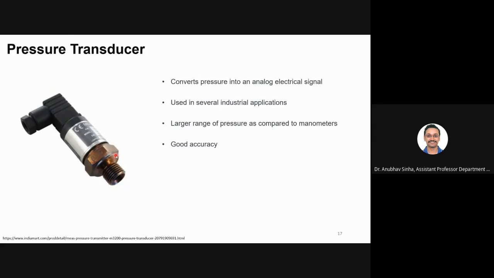That signal we calibrate and use to measure pressure. Is this fine? Yes, sir. I can also add some pictures. Maybe next class I will add some more pictures of what is inside, and we can have a small discussion.